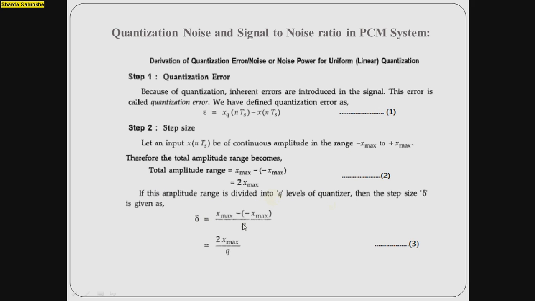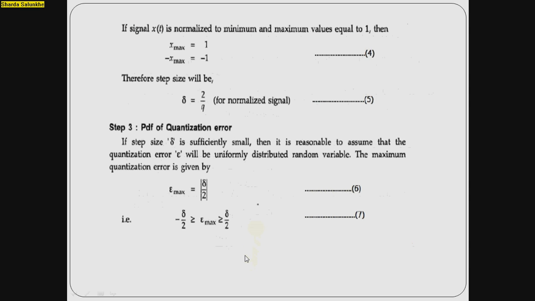Then the step size delta is given as delta equal to x max minus of minus x max divided by q, so 2x max divided by q. If the signal x of t is normalized to minimum and maximum values equal to 1, then x max is equal to 1 and minus x max is equal to minus 1. Then the step size becomes 2 divided by q for the normalized signal.